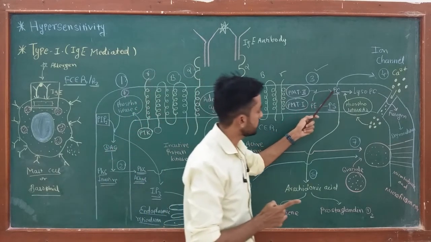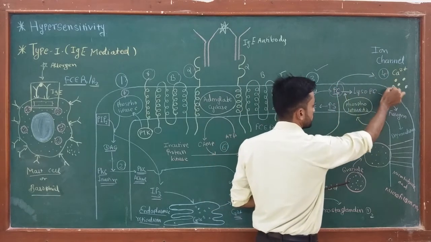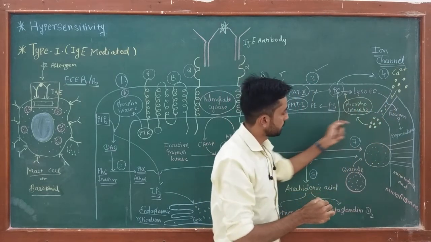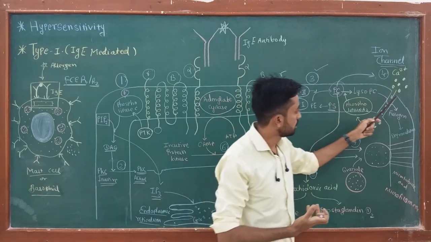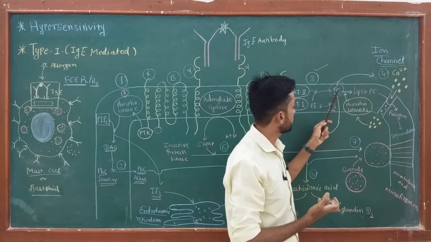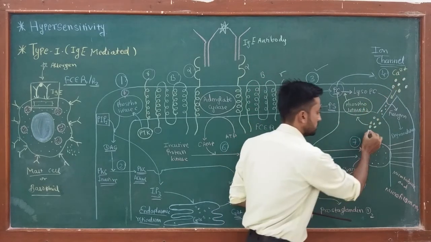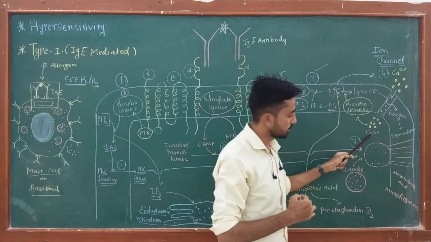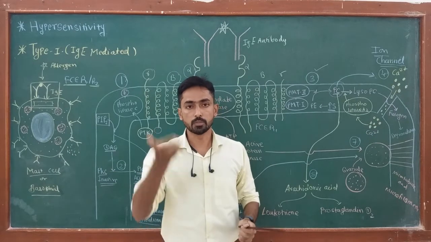that is phosphatidylcholine. And now this phosphatidylcholine, which is produced on the outer surface of the membrane, is going to produce ion channels, or calcium channels, on the plasma membrane. That means this phosphatidylcholine plays an important role in changing the permeability of the plasma membrane for calcium ions. Due to action of phosphatidylcholine on the membrane, calcium ions get entry inside the cell, and due to entry of the calcium ions, the concentration of calcium inside the mast cell increases.